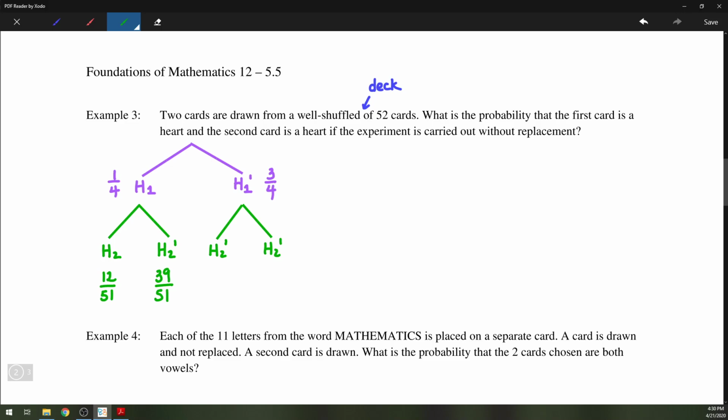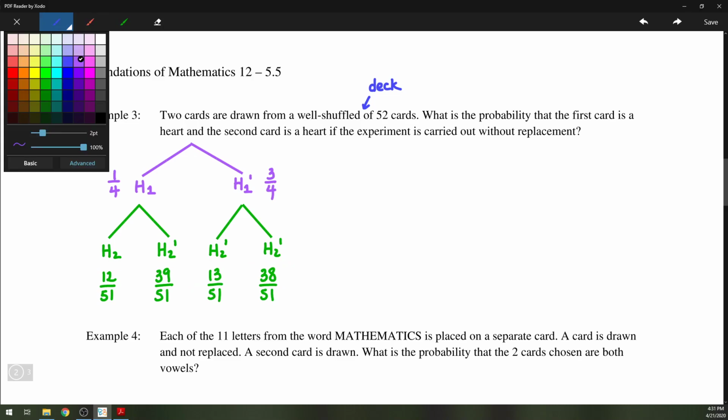On the other hand, if you drew a not heart at the beginning, you still have 13 hearts left out of the 51 cards that are left over, and the number of not hearts will decrease by 1. So you can see that the sum total here will still add up to 51, the number of cards in the deck left over after you take 1 out, and likewise 13 plus 38 is also 51.